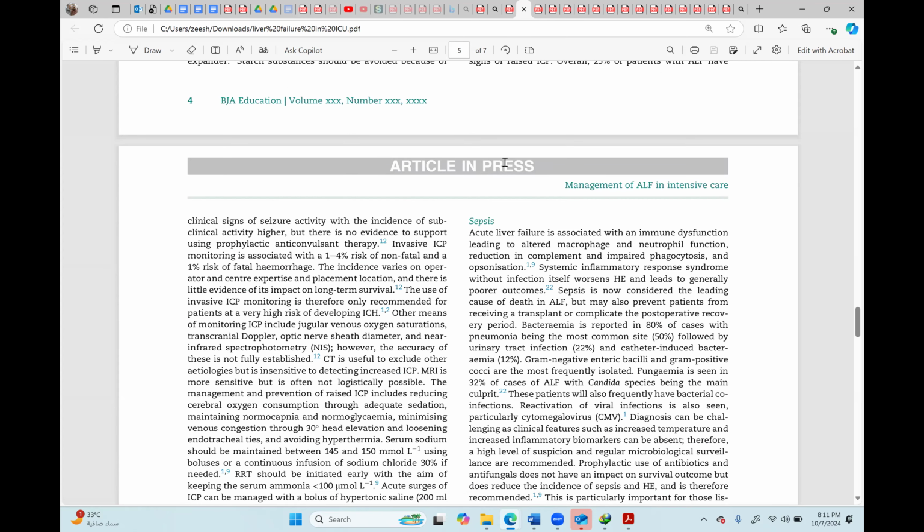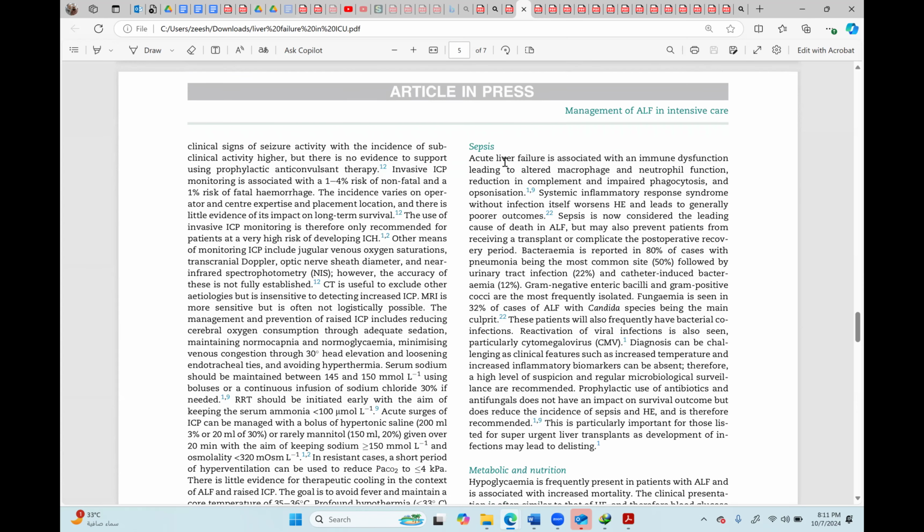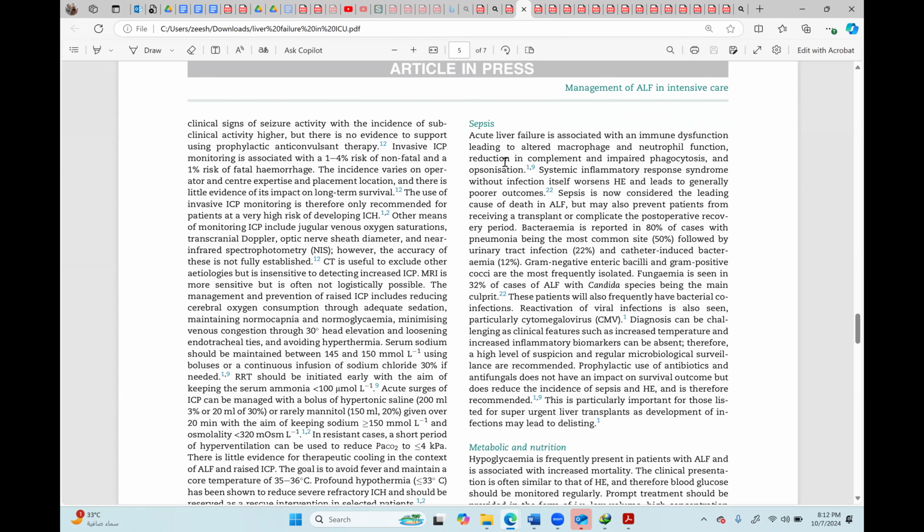What else? These are actually generalized things again. Reducing cerebral oxygen consumption, adequate sedation, maintaining normocapnia, normoglycemia, minimizing venous congestion, head elevation, loosening endotracheal ties, avoiding hyperthermia.